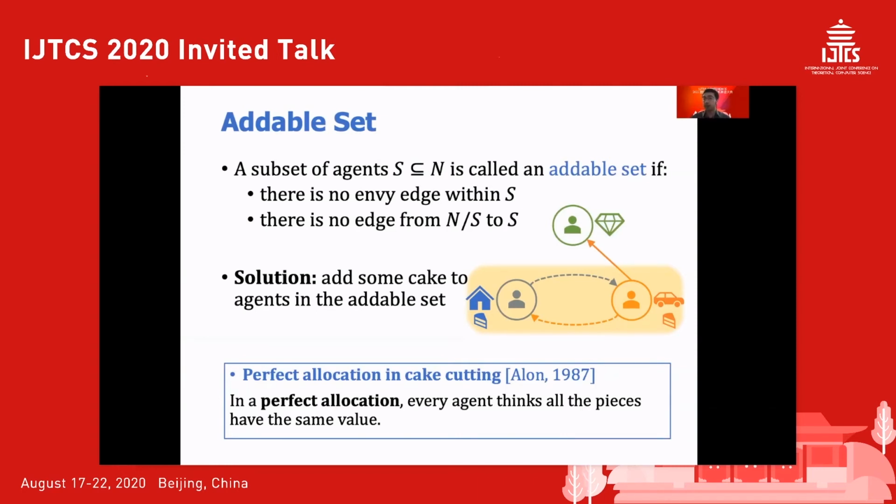So in this scenario, we want to add some part of the cake using a perfect allocation to the agents in this edible set. And we want to add only a very small amount, until some agent outside thinks there's a new equality edge from outside to inside. So this is what we do in the presence of an edible set.